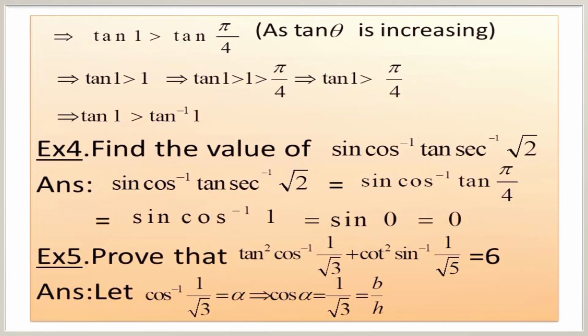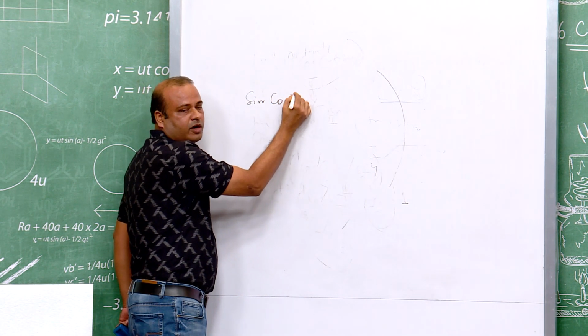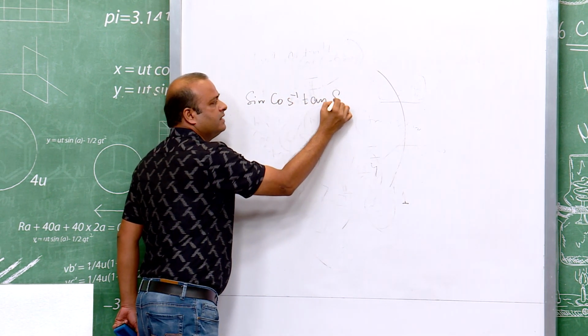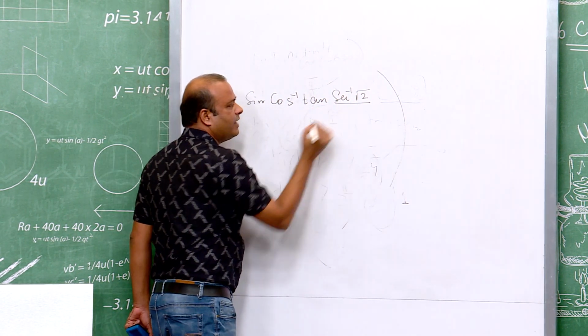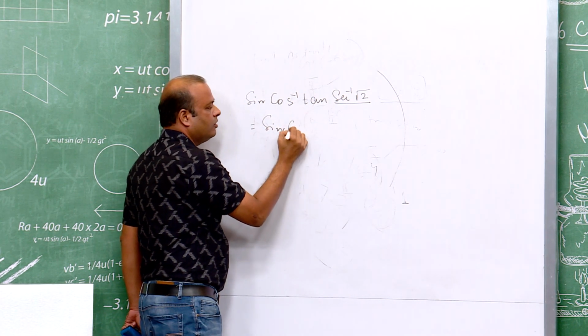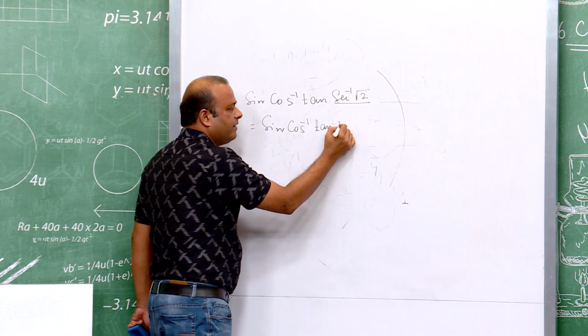The next example is to find the value of sin cos inverse tan sec inverse root 2. This type of problem you have to solve from backward, that is, find sec inverse root 2 first.